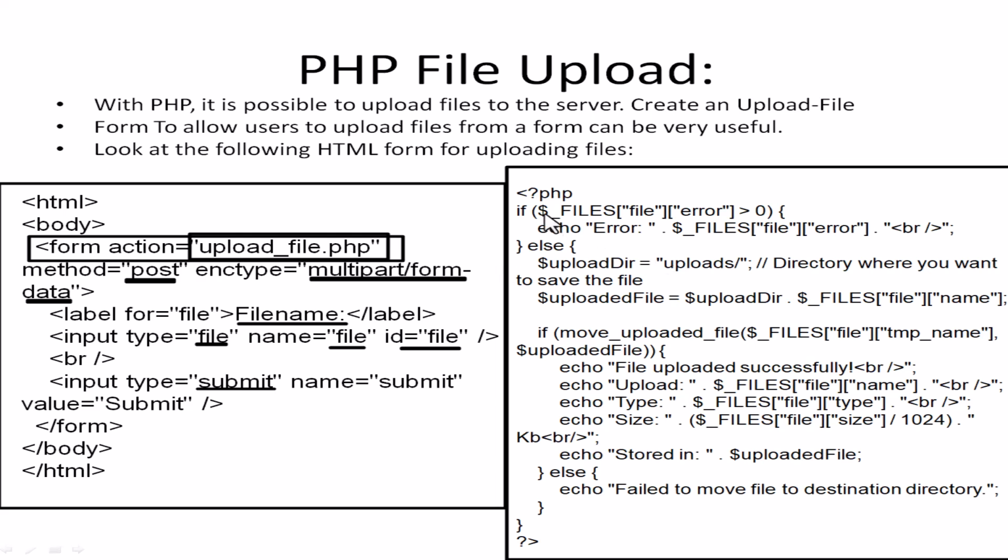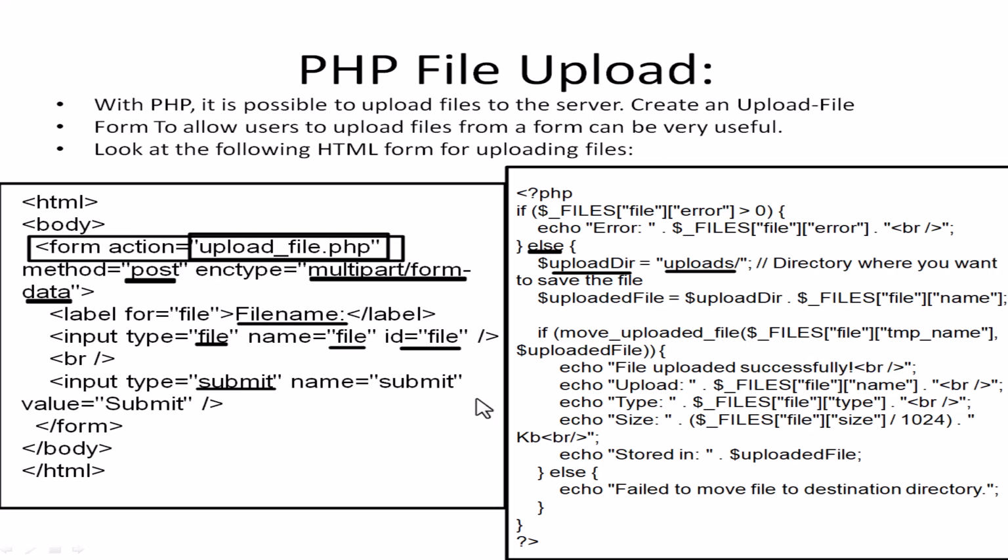Now if file error is greater than 0, it is going to show an error. So if no particular file is selected, it is going to show an error. Else, upload directory equal to uploads, so you need to create a folder called uploads.